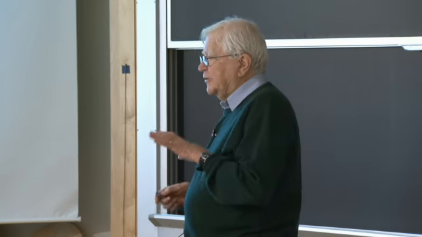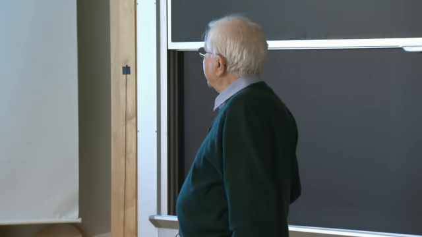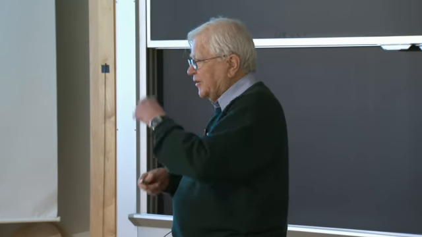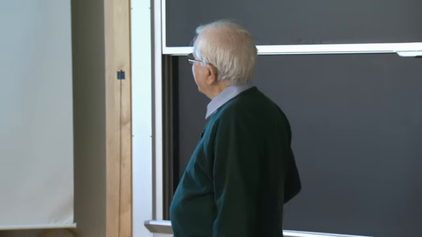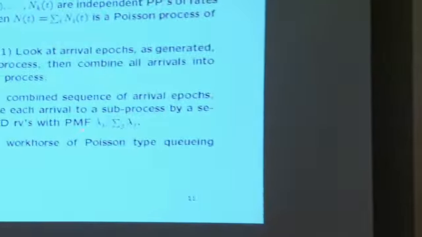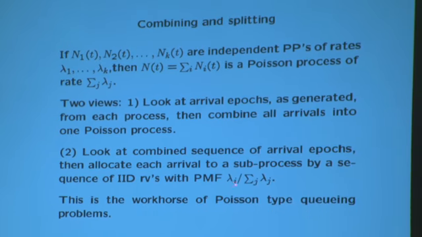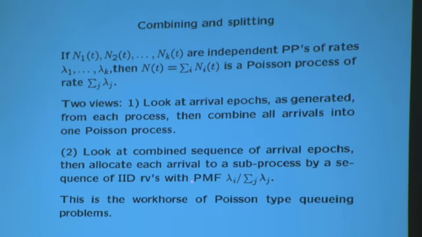So there's this hidden process. Well, it's not hidden. You can see what it's doing from looking at all the sub-processes. Each arrival then is associated with the given sub-process with the probability mass function lambda sub i over the sum of the lambda sub j.